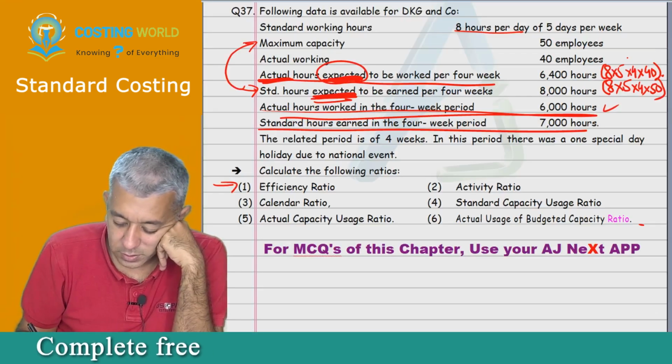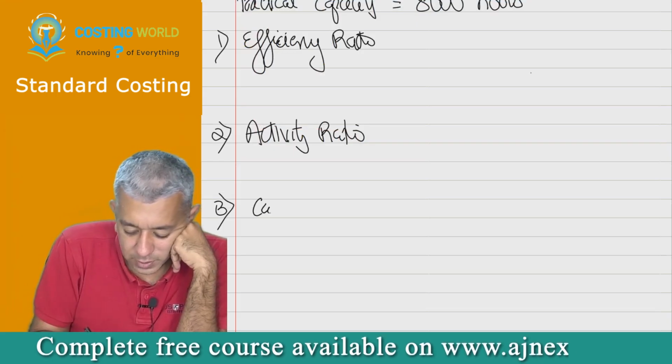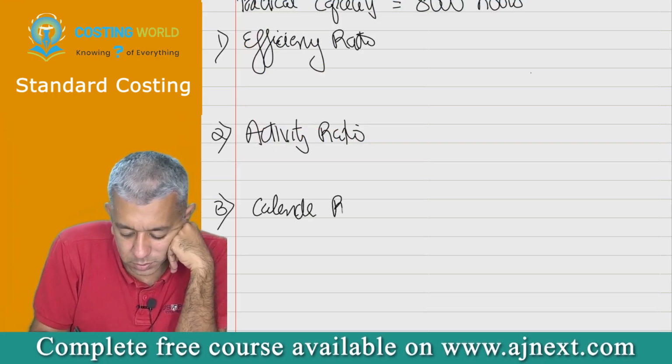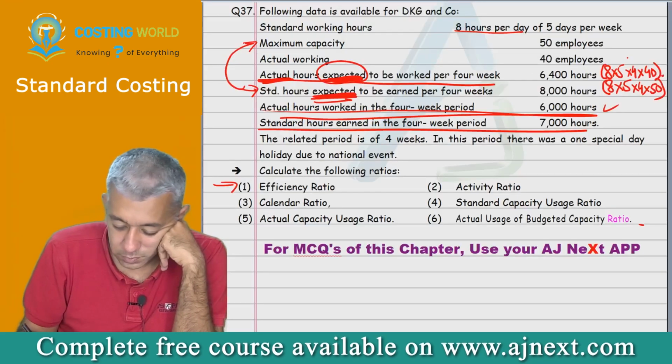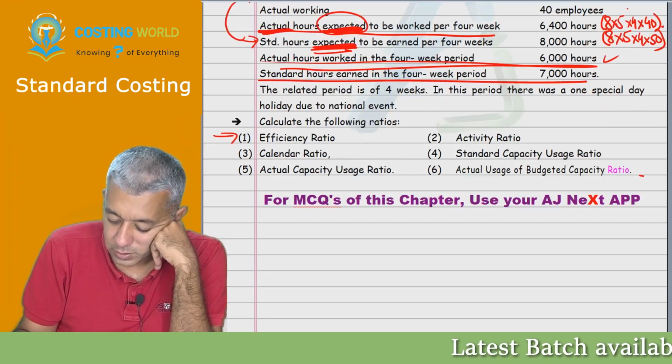Leave 3 lines. Calendar ratio, leave 3 lines.